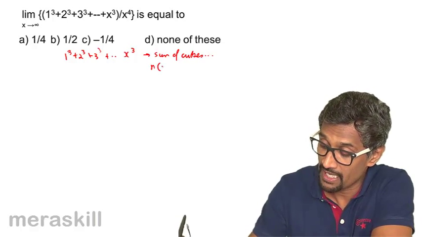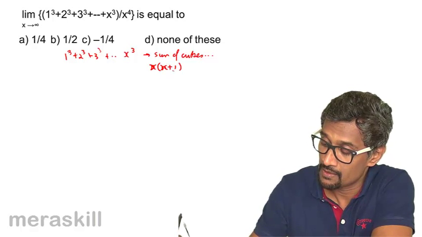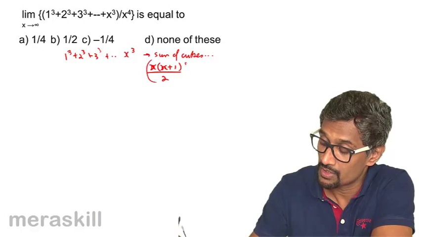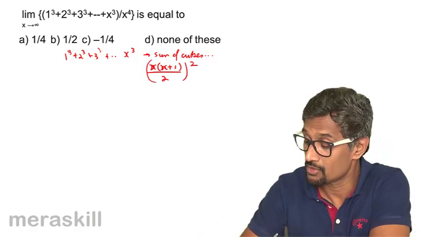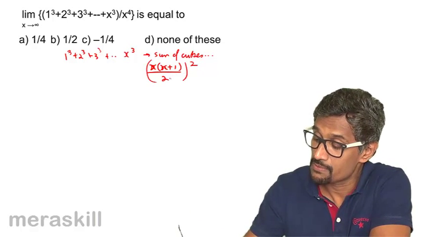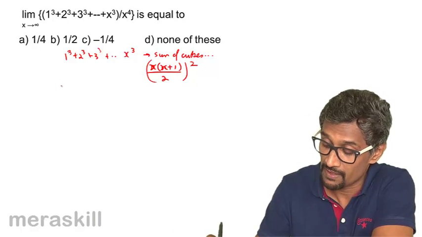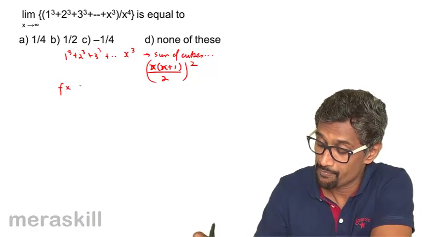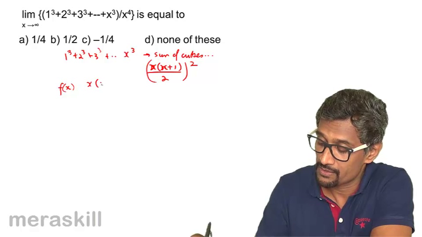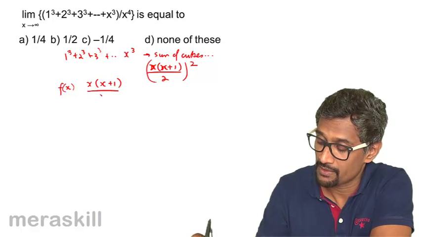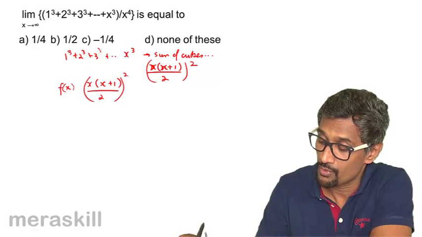So this will turn out to be [n(n+1)/2] the whole square, that is [x(x+1)/2] the whole square. So this function itself turns out to be [x(x+1)/2] the whole square divided by x^4.